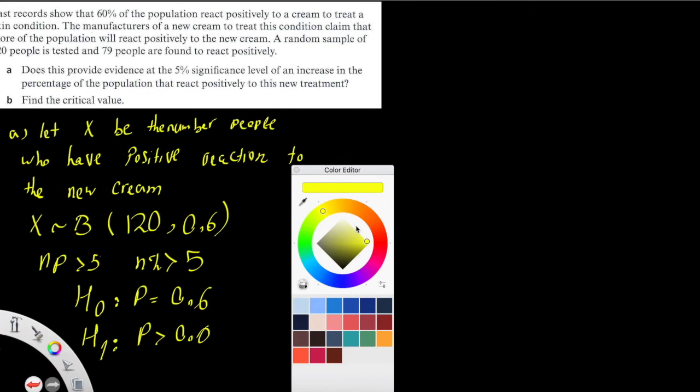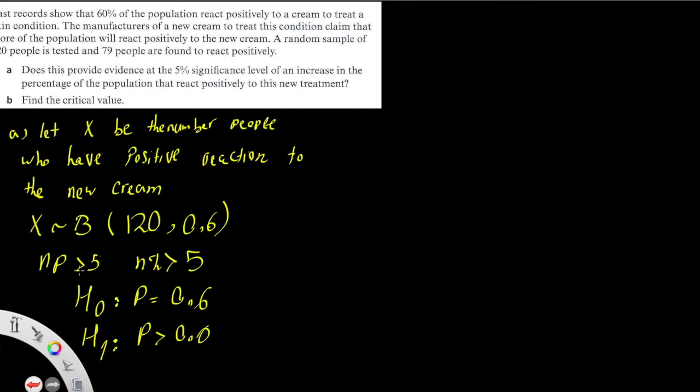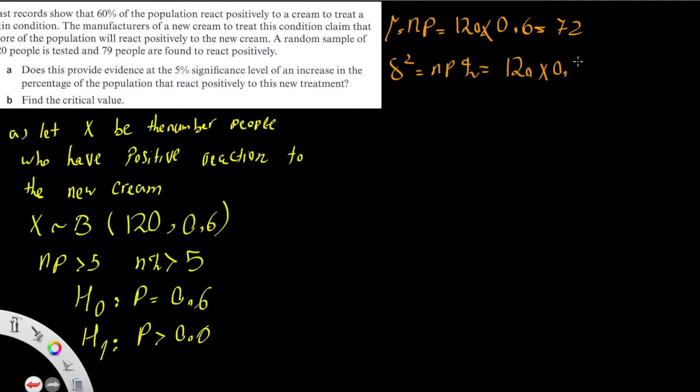Now, as I just mentioned, because np and nq are both greater than 5, it can be reasonably approximated by normal distribution with mu equal to np, which is 120 times 0.6, which is 72, and variance npq, which is 120 times 0.6 times 0.4, which is 28.8.